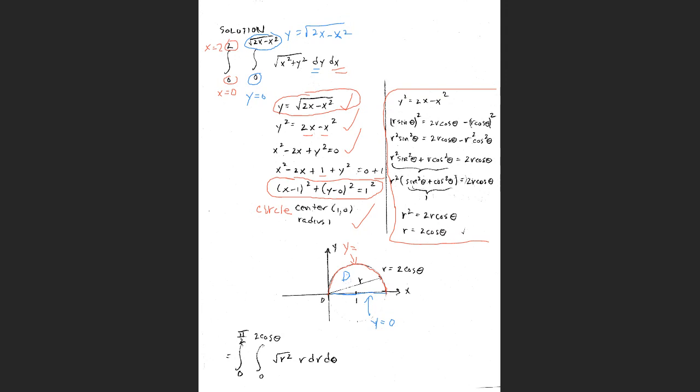And actually here, class, I should say a half circle, because we squared that. So y equals the square root of what? Y equals plus the square root of what for this semicircle?